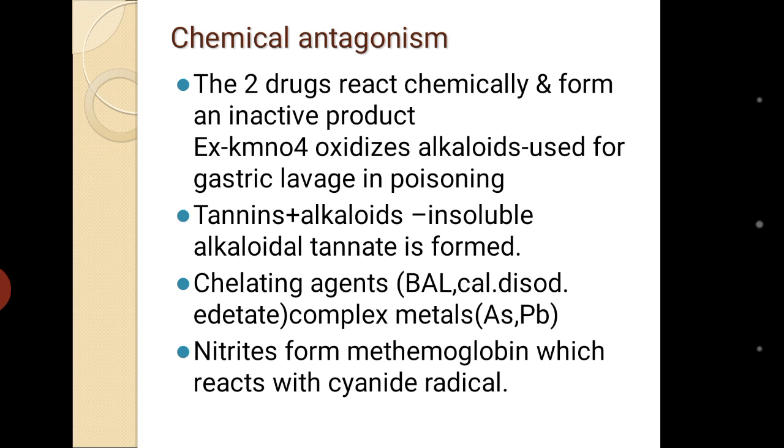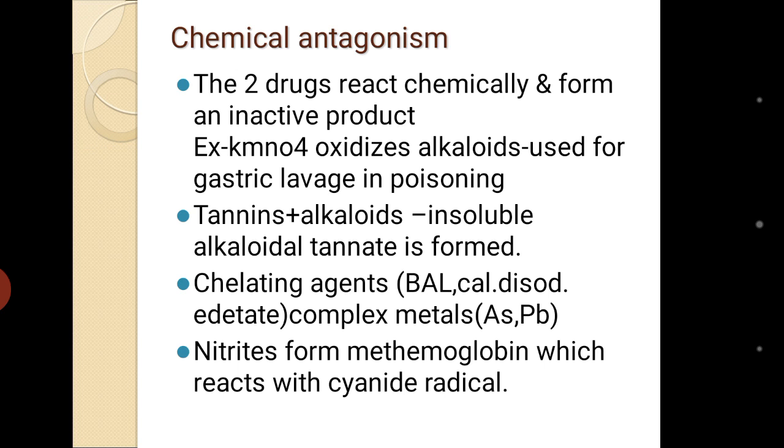That ring structure is easily excreted through the urine. That's why they are used in heavy metal poisoning, for metals like lead, arsenic, and mercury. Examples of chelating agents: British anti-lewisite and calcium disodium acetate. These are the two examples.